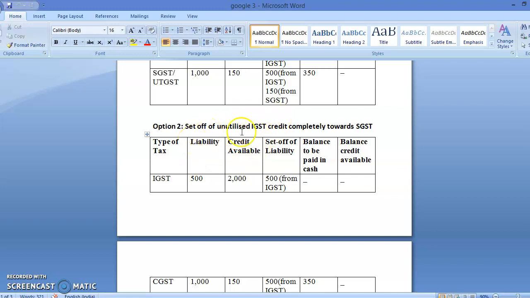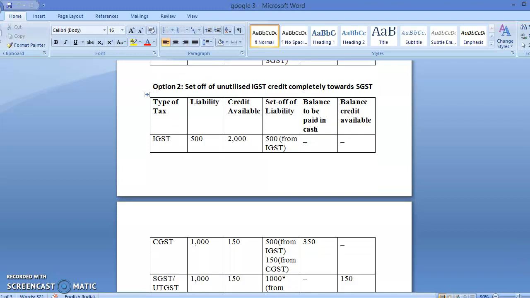This IGST remaining credit is utilized only towards SGST. So IGST, same thing, 500 liability is there, credit available is 2000, so 500 is set off. So remaining 1500 IGST credit is available which we are going to utilize for setting off the SGST, because in the previous option we utilized it to set off CGST. Now let us utilize this amount to set off SGST.